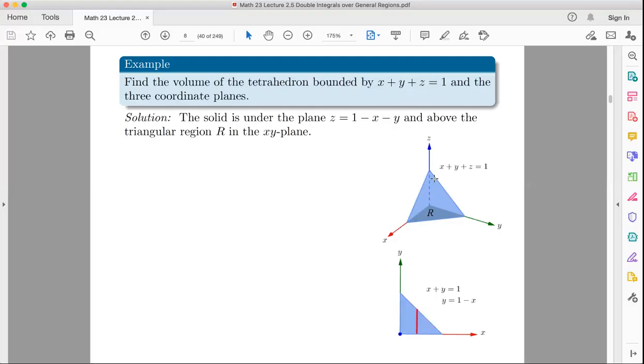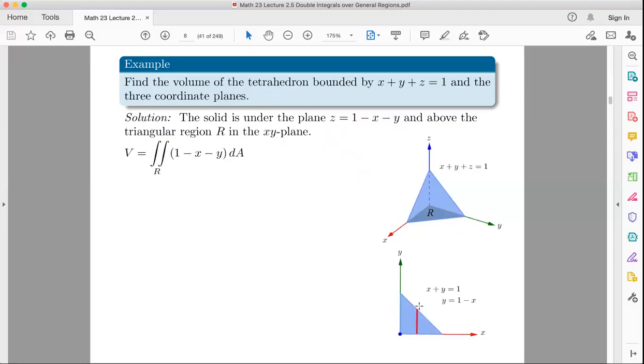Now, what is the base region? The base region can be determined by setting z to 0 because our base is the xy plane, z equals 0, so you get x plus y plus 0 equals 1, or simply x plus y equals 1. We can consider this region to be of type 1.